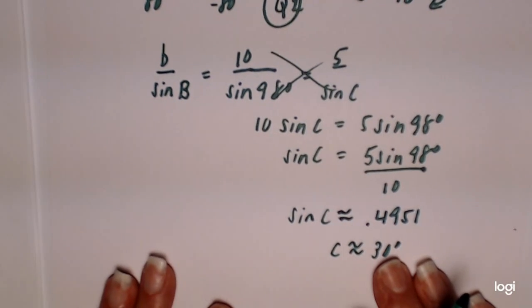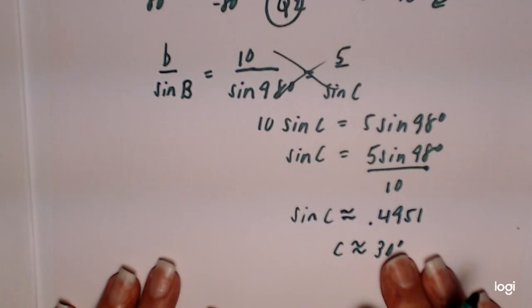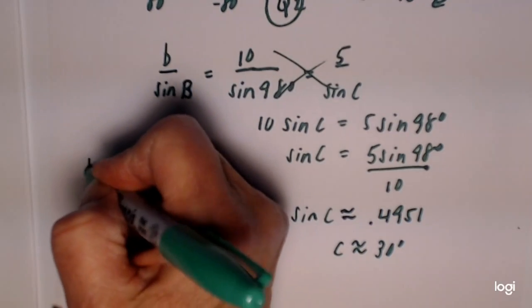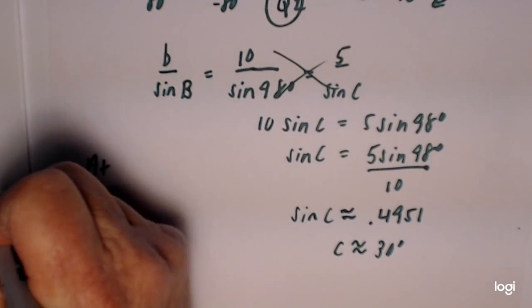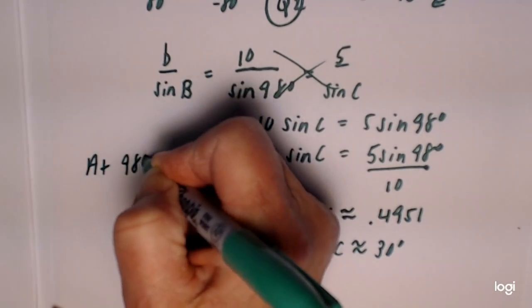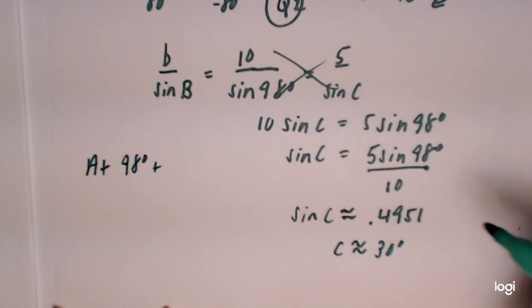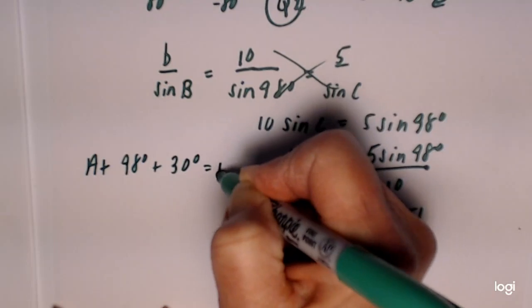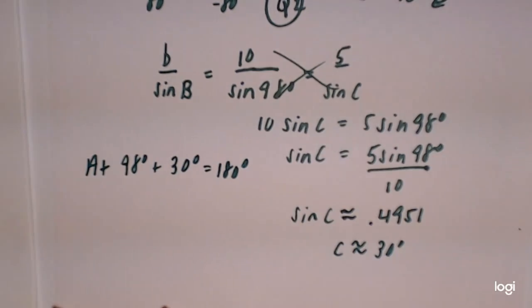And now last but not least, to finish this up, we need to find our angle A. So angle A plus angle B, which is 98 degrees, plus angle C, which is 30 degrees, is going to be equal to 180.